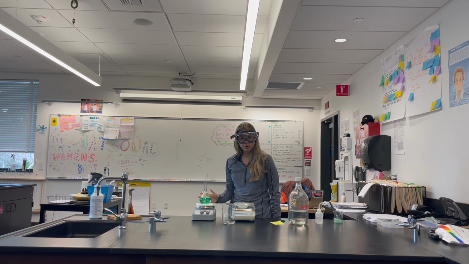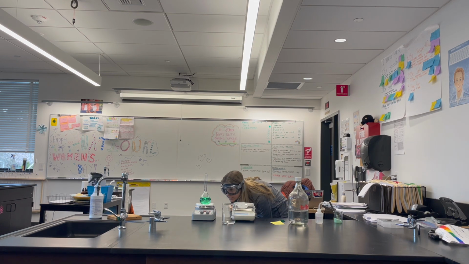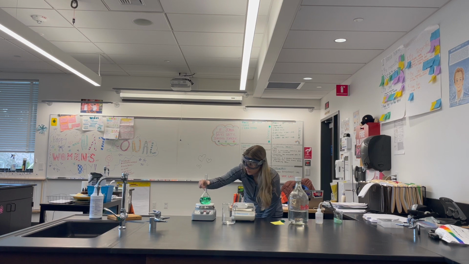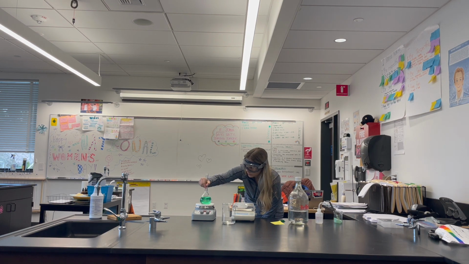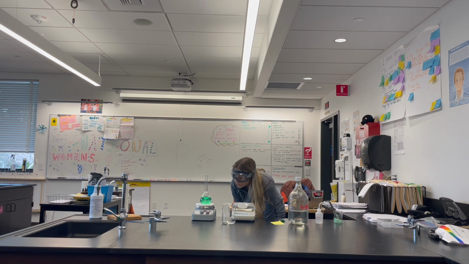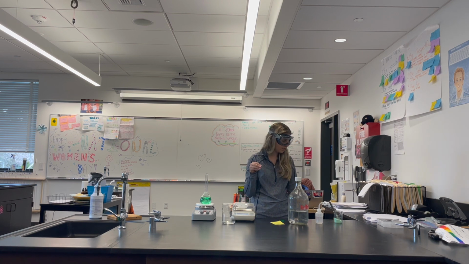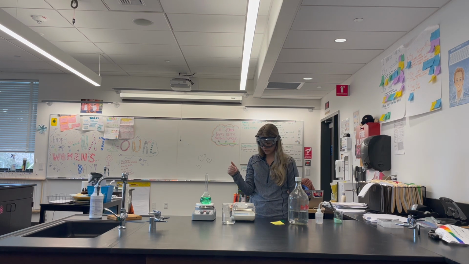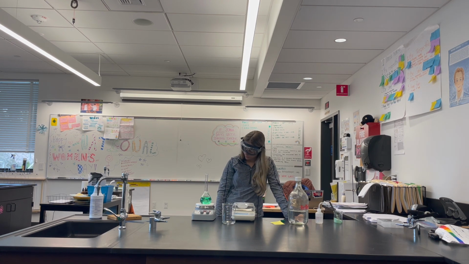You see we have this nice green color in our stock solution. Once everything is fully dissolved, which we're not quite there yet, once everything is fully dissolved, we're gonna remove that magnetic stir rod, and we're gonna fill our water to this top line, right? That is exactly 250 milliliters.